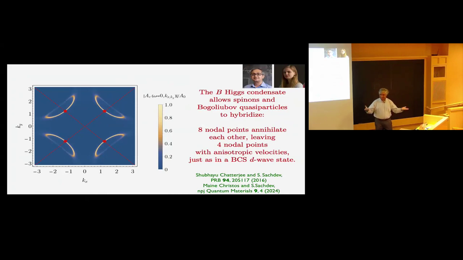That's literally what comes out. Okay, so you get a conventional BCS-like superconductor, and you really need the spinons to make that happen. And you can even get the anisotropic velocities, no problem at all. Really everything which none of the previous scenarios could make work.